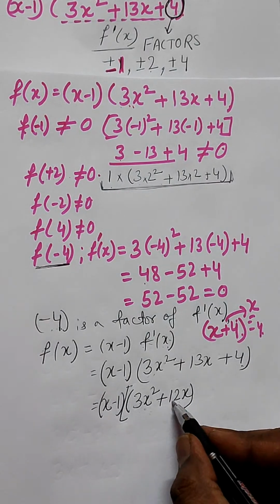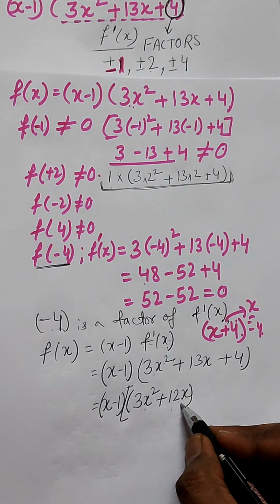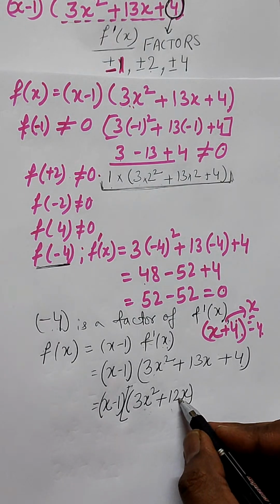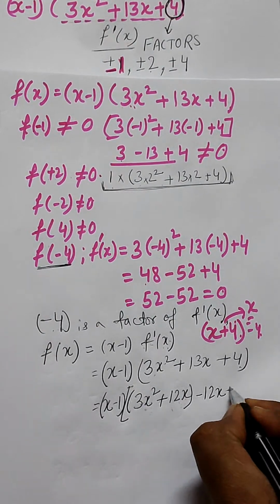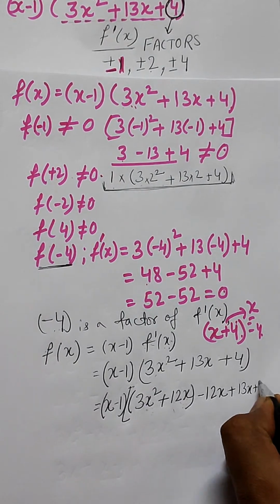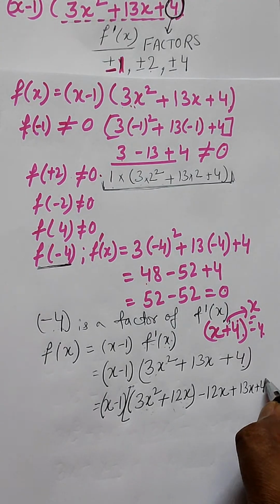Now this 12x is inserted, so that needs to be subtracted. So minus 12x plus 13x plus 4, right? This we are having now.